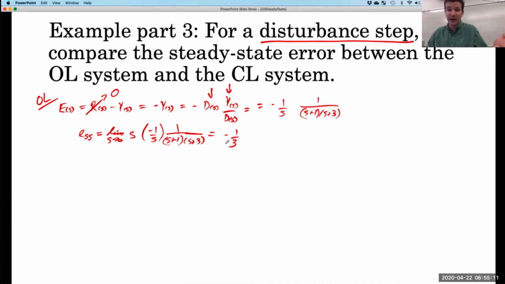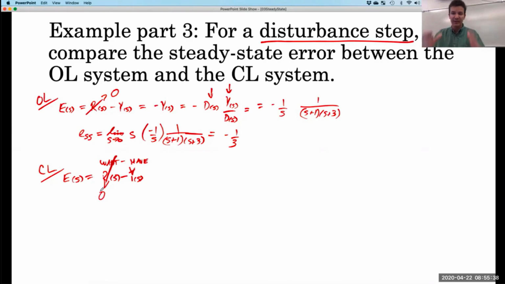Is that good? Is that bad? Don't know yet. Let's have something to compare it to. In the closed loop system, the error is still what you want minus what you have. And this is where that thought process, what you want minus what you have, I think pays dividends, because what you want is 0, right?